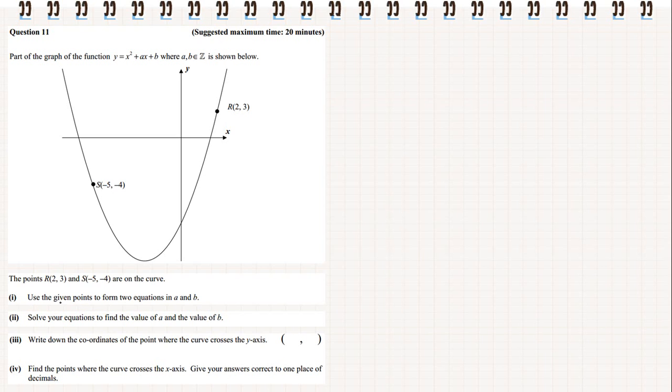Part 1. Use the given points to form two equations in a and b. So the first piece of information we're going to use here is that if we put the point (-5, -4) and then the point (2, 3) into the function y is equal to x squared plus ax plus b, both points should satisfy the equation.